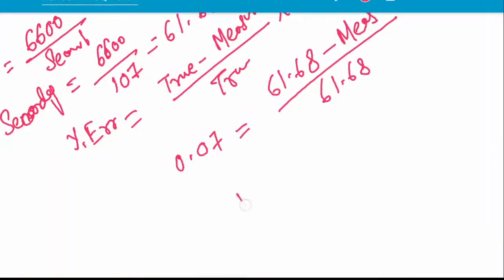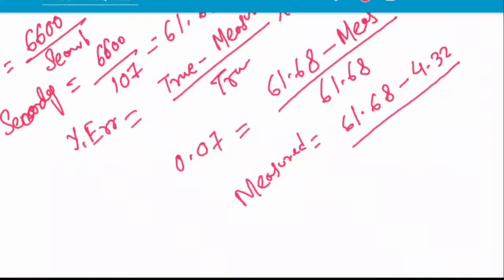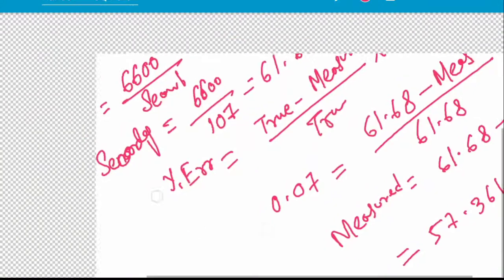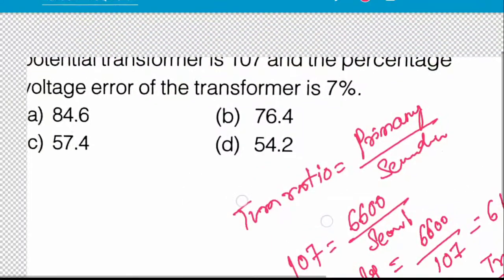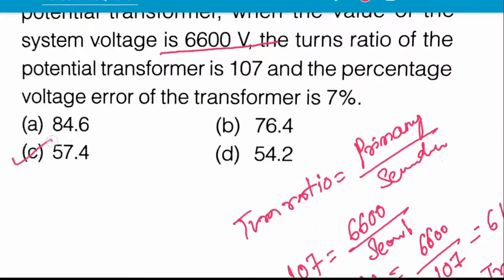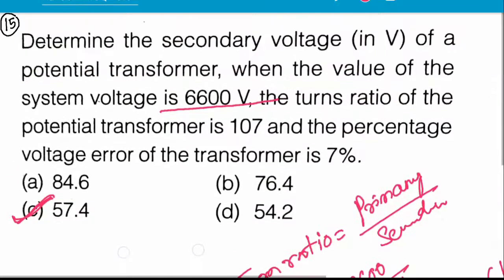So measured value will be 61.68 minus 4.32, and this will be around 57.36 volt, that is 57.4. Option number C.